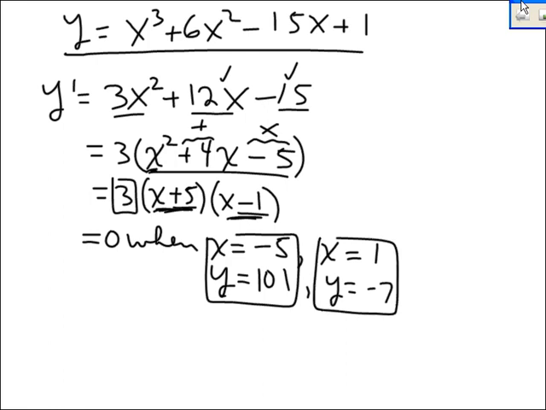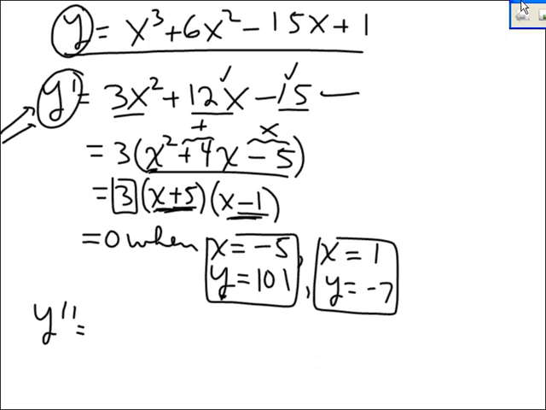If you want a y value, please don't go and plug x's into the y prime formula. If you have an x value and you want to know a y value, go to the y formula. If you have an x value and you want to know what y prime is, go to the y prime formula.